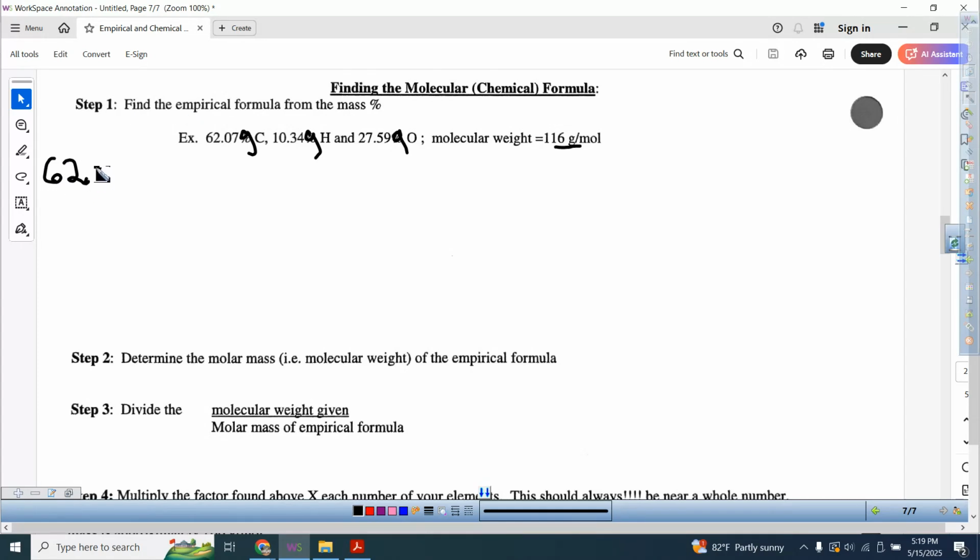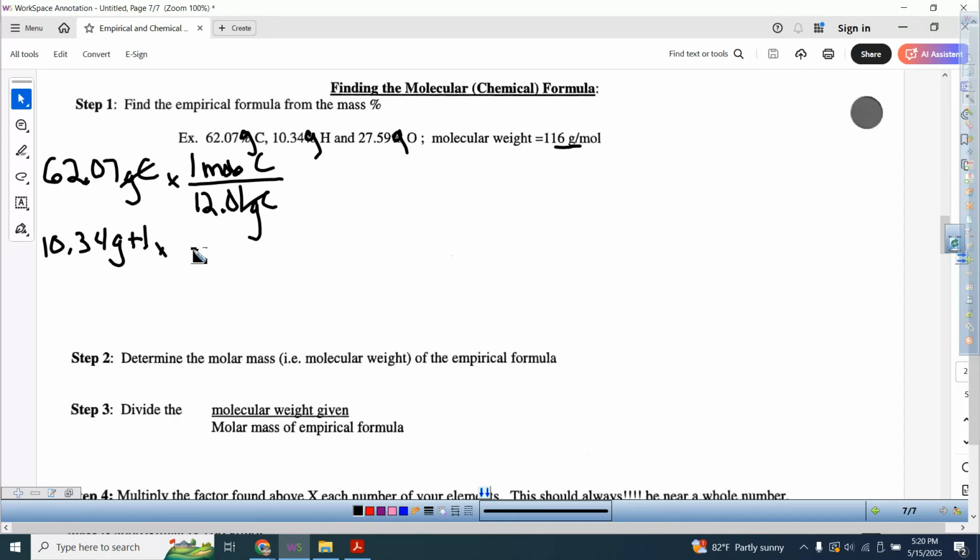So I'm going to take the 62.07 grams of carbon. And I'm going to take my 10.34 grams of hydrogen.